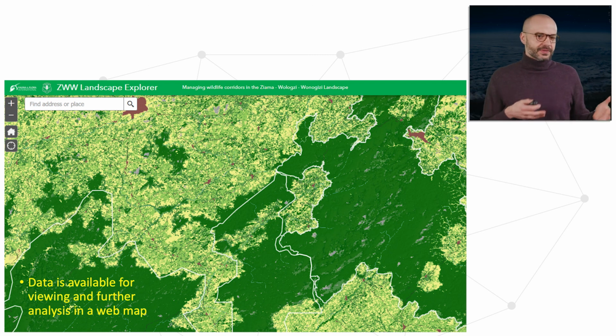Finally, and this is very similar to what I have shown in the previous example, data is shown in a web map, which is called the ZWW Landscape Explorer, where this specific information can be captured, and is visible to everybody who has access to this portal.